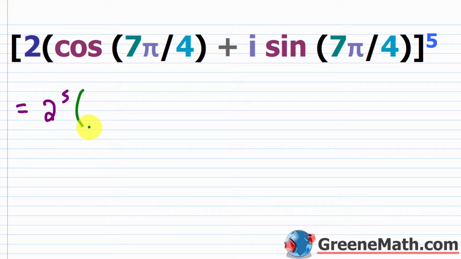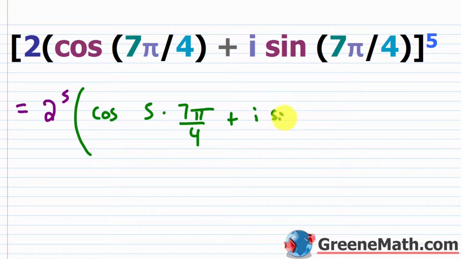Then inside the parentheses, you'll have your cosine of, again, this exponent of 5 is going to be multiplied by the argument. So 5 times 7 pi over 4, okay? Maybe make these parentheses a little bit bigger. Then we'll go plus I times the sine of 5 multiplied by the 7 pi over 4. Let me close the parentheses there.